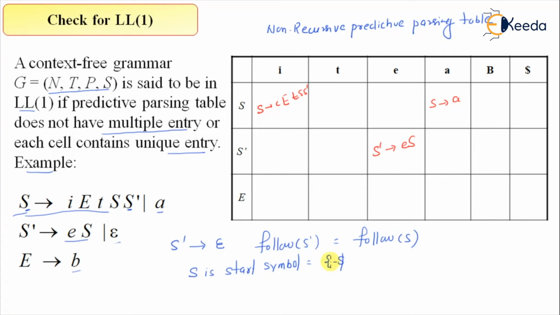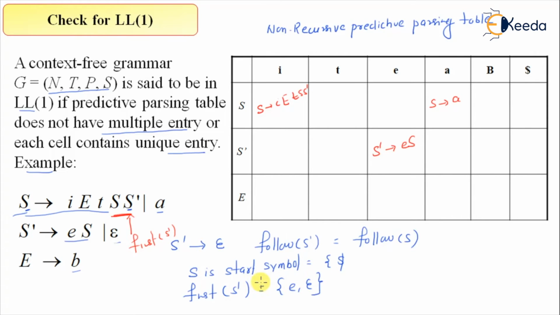Anywhere else S is present? Notice that S is also present over here, in iEtSS', so follow of S includes first of S'. First of S' is e and epsilon.